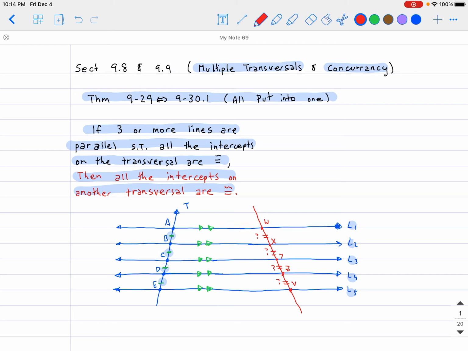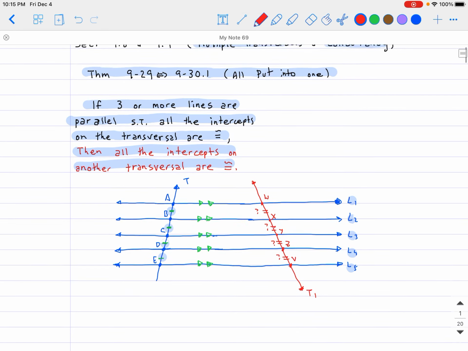Now, the way it works in the book is that they basically introduce a line that's parallel to T, which is the one that's given. By the way, I should give this new transversal a name; we'll call it T sub 1. I need to show all those reds are congruent to each other.